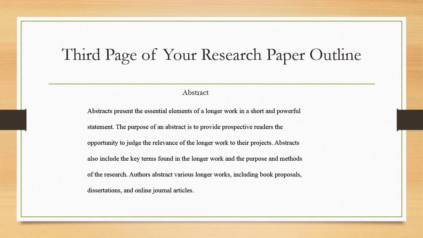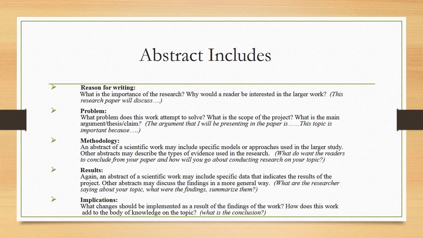The third page of your research paper should include the abstract, which must be double-spaced, 12 font, and Times New Roman font style. So review the assignment section of the course in Canvas to determine what information must be included in the abstract. So this screen will display what your abstract usually includes.